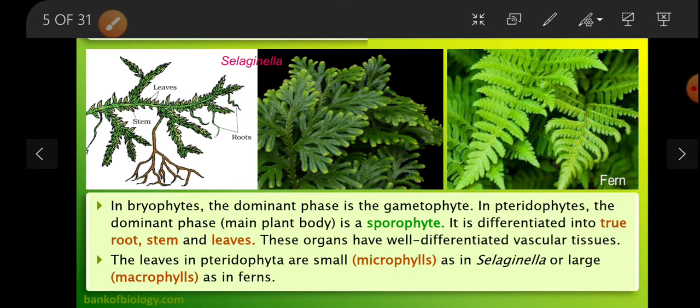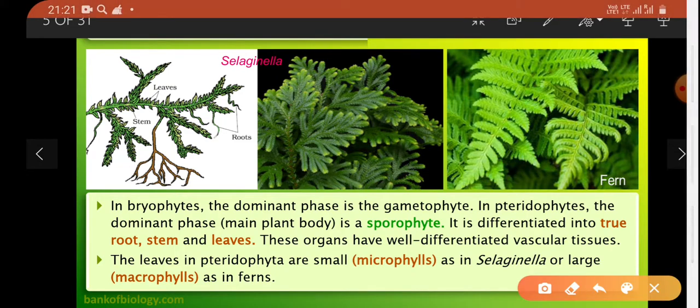In bryophytes, the dominant phase is the gametophyte, but in pteridophytes the dominant phase is the sporophyte. It is differentiated into true root, stem and leaves. Sporophyte means the phase that produces spores.